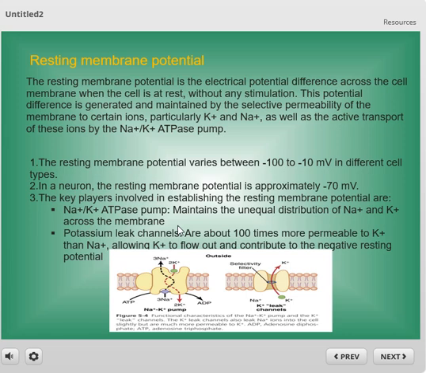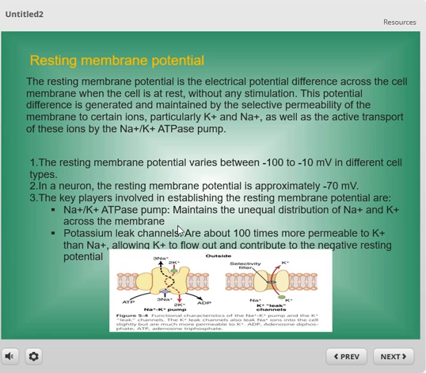You must know we can record the resting membrane potential in all of the live cells. The resting membrane potential varies between minus 100 to minus 10 millivolts in different cell types.